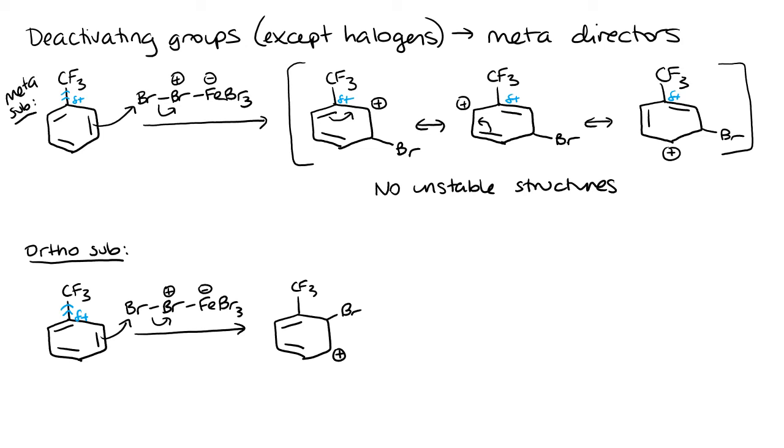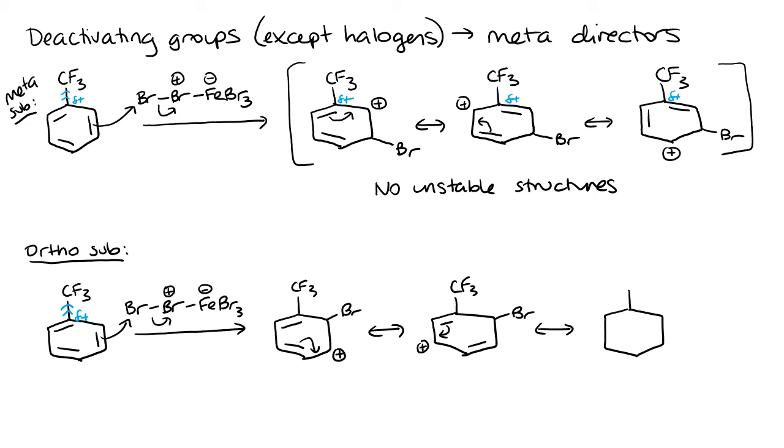let's go ahead and take a look at the resonance structures. So we have an allylic cation coming over. Then another allylic cation. And in our third resonance structure, we see that we have a positive charge on the carbon containing our deactivating group.